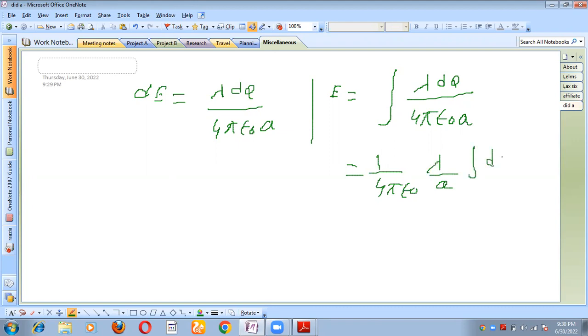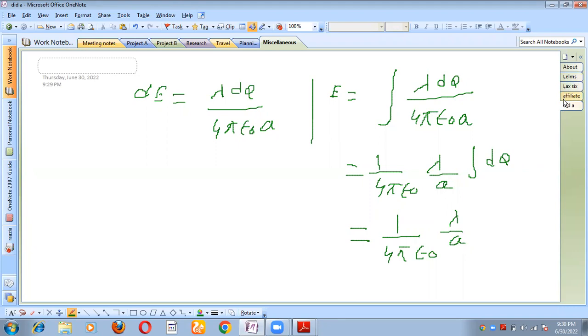So we will get d theta, right? And we will get 1 by 4 pi epsilon naught lambda by a. What will be the limit for theta?